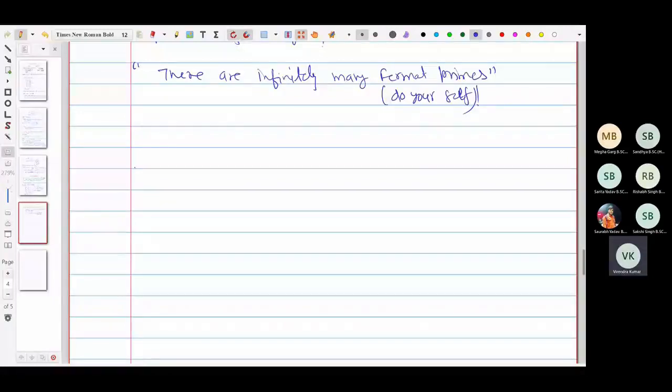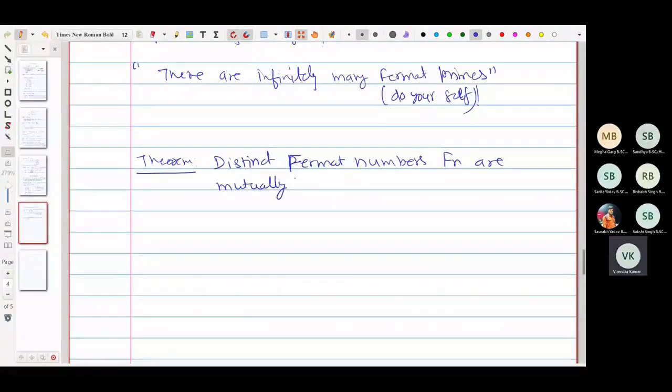Although all Fermat numbers are not prime, there is a result which says that distinct Fermat numbers Fn are mutually coprime. Okay. So this is what we can have.